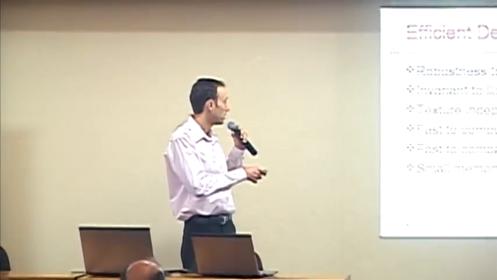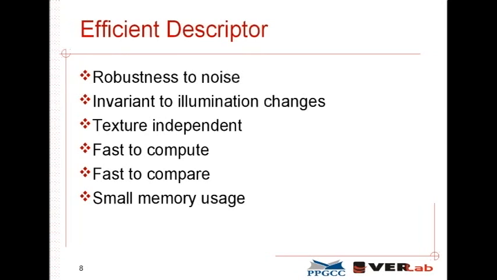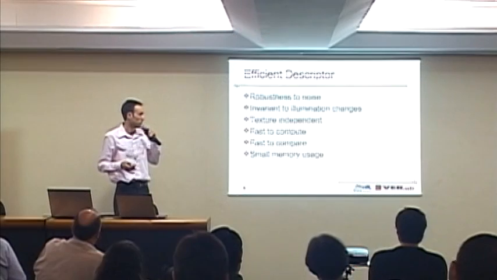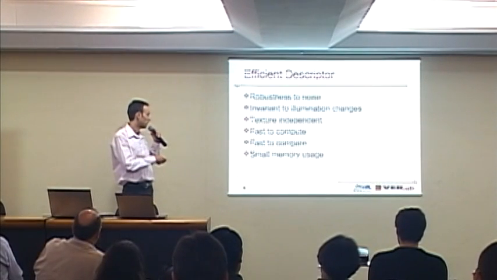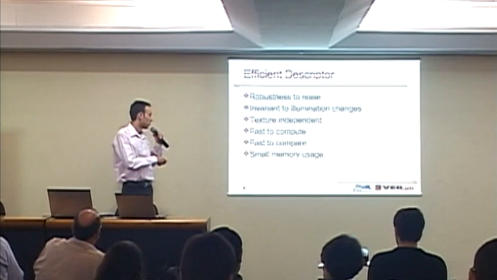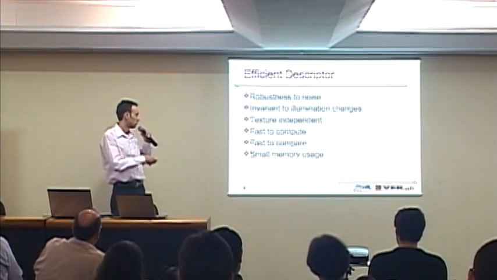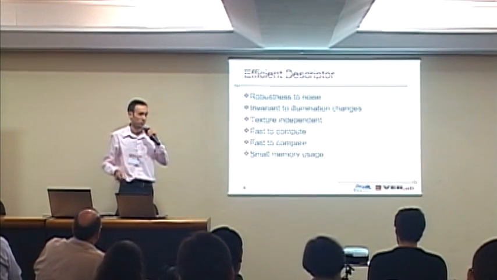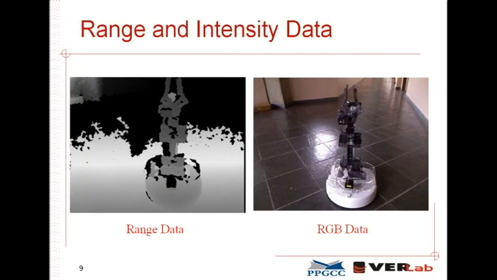We want this descriptor to be robust to noise, invariant to illumination changes, applicable to objects and scenes with lack of texture, and it needs to be fast to compute, fast to compare, and present a small memory usage. The data used in this work are RGBD images.